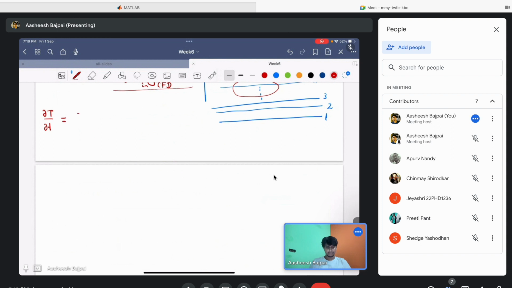What I will do is write T at n plus 1 minus T at n divided by delta t, and delta t is my discretization of time, the time step. You can see by how much delta t I am moving from one time step to another time step.